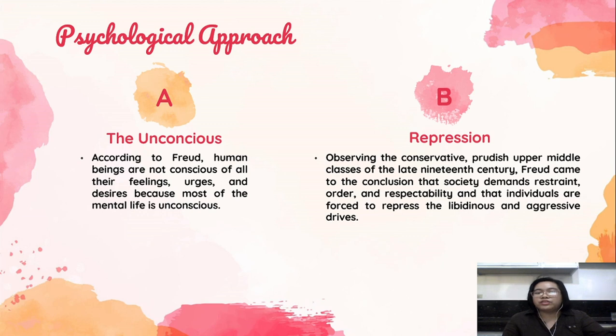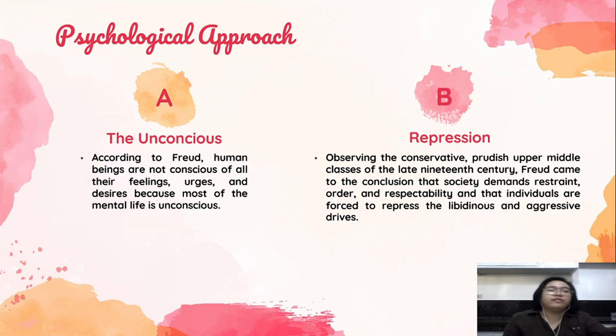So observing the conservative British upper middle classes of the late 19th century, Freud came to the conclusion that society demands restraint, order, and respectability, and that individuals are forced to repress the libidinous and aggressive drives.